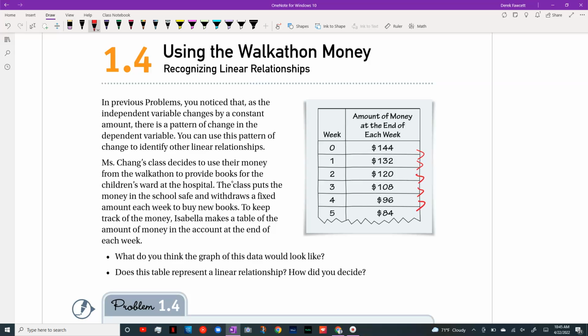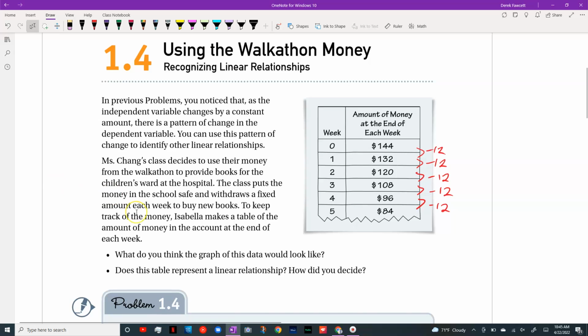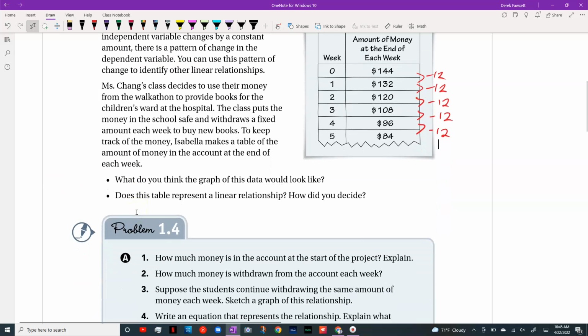I heard a couple people say they are removing, which is a negative value, removing $12 each week. Okay? What do we think the graph is going to look like if we plotted these points? 0, 144. 1, 132. 2, 120, and so forth.